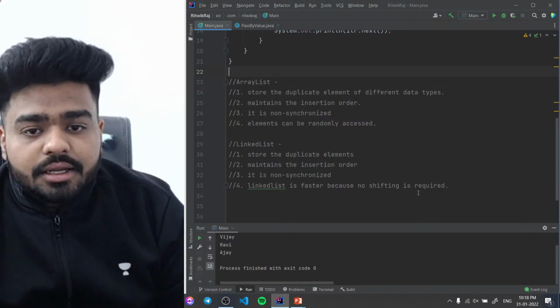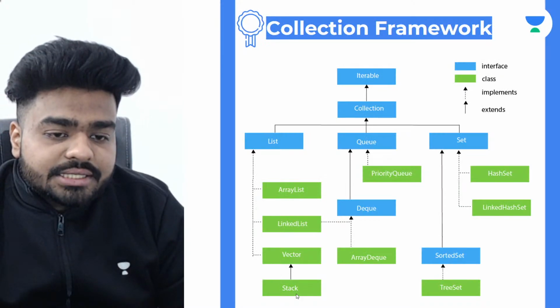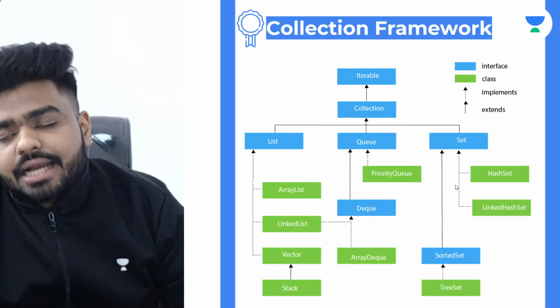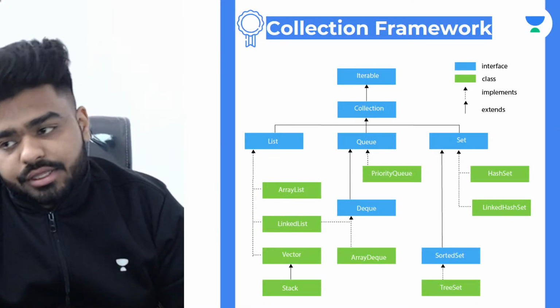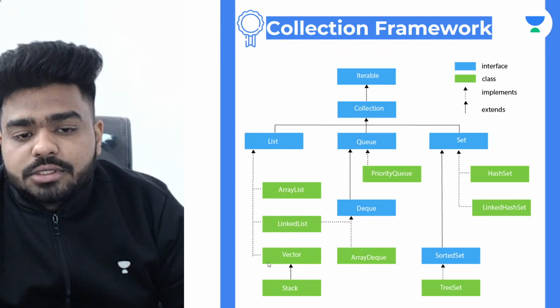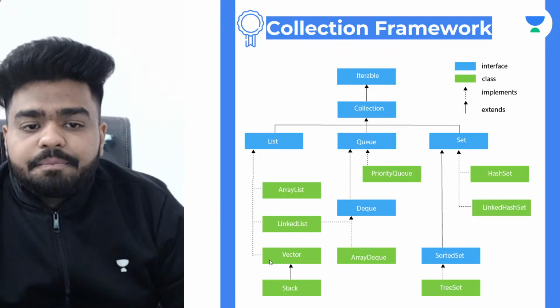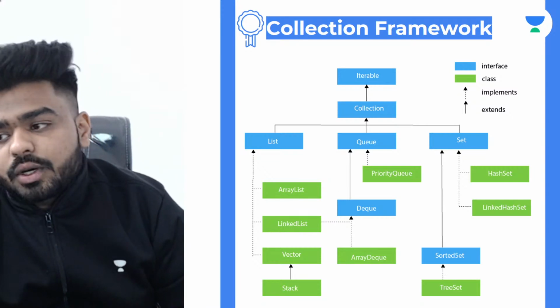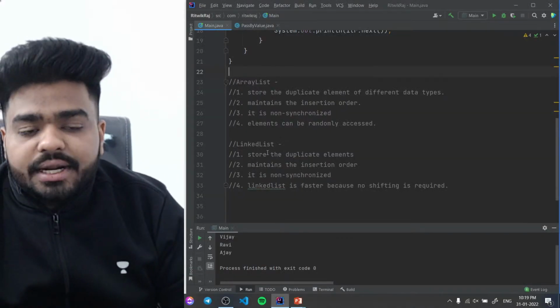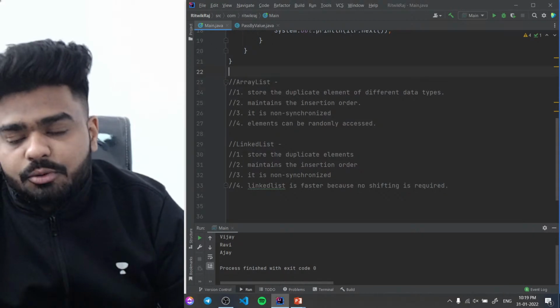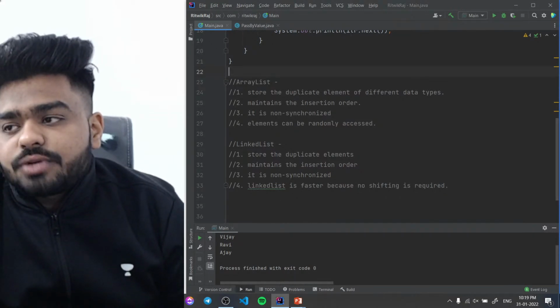Coming to vector. Now understand vector and stack are purana kind of classes. Okay, these are the most older version of classes. The linked list and array list are the newer ones. So mostly आपको vector stack नहीं पूछा जाएगा in exam or any of the interviews, but just try to understand.